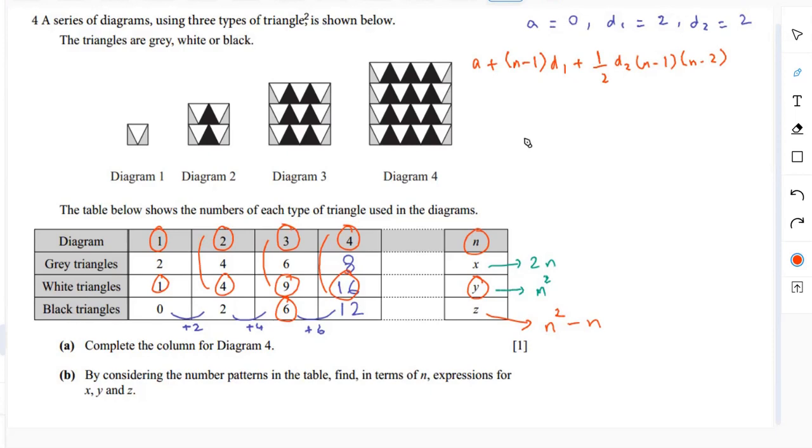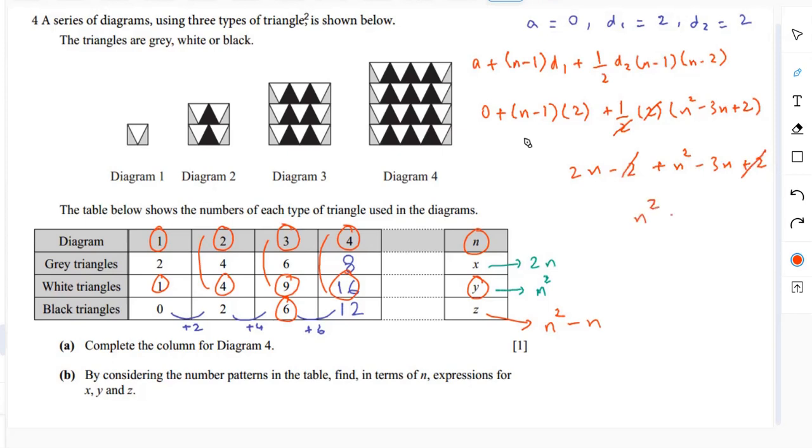Okay, so all you have to do is you just input values there. 0 plus n minus 1 into the difference, the first difference, that's 2, plus half into 2 into n square minus 3n plus 2. इसको आप सिंप्लीफाई करोगे तो आपके पास क्या आएगा? 2n minus 2 plus n square minus 3n plus 2, and this gets cancelled.